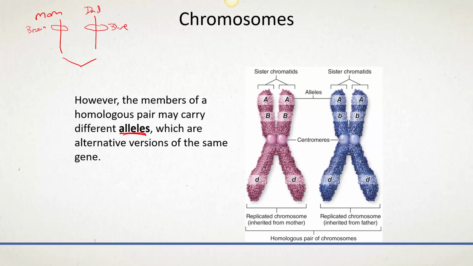You inherit two copies of each chromosome. You inherit the brown copy and the blue copy. But through heredity, one of these is going to be dominant over the other. So you're going to end up with brown eyes because brown is dominant over the blue-eyed allele. So this is just a little bit of background on heredity, but heredity is a topic that you're going to cover in more detail once you get to advanced A&P.